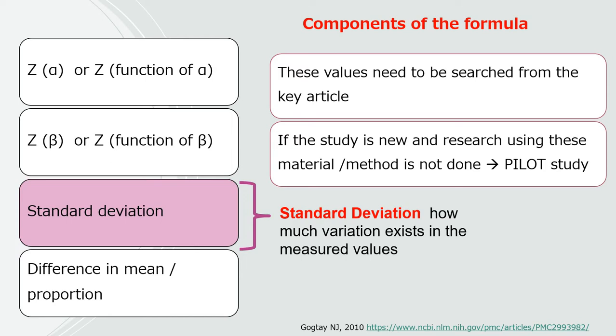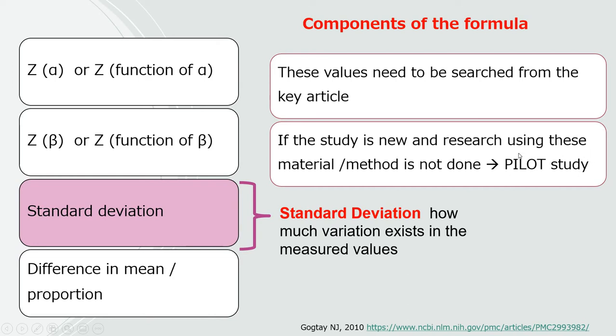If you have two groups, we need the values of these two groups. It can be the mean values along with the standard deviation, or it can be proportions. But there does occur a situation in which the study is new and the research using these materials or parameters has not been done. In such a case, you have to do a pilot study.